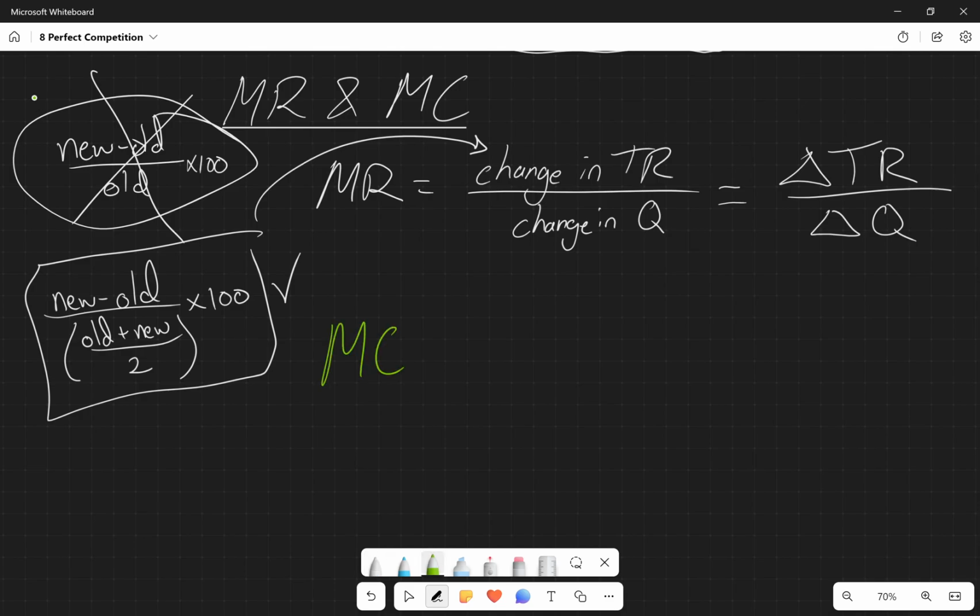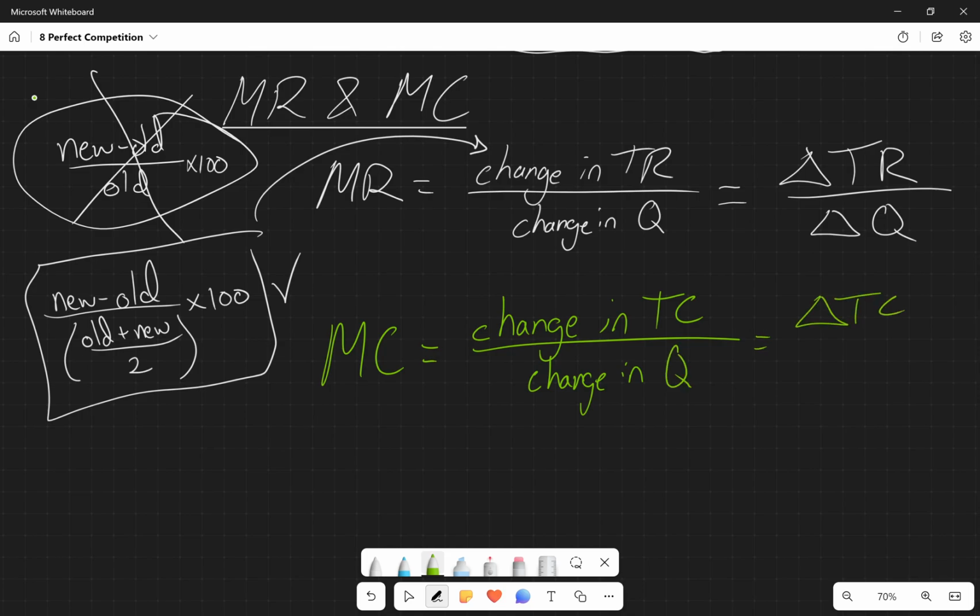Our marginal cost is just our change in our total cost divided by our change in our quantity. The profit maximizing choice.